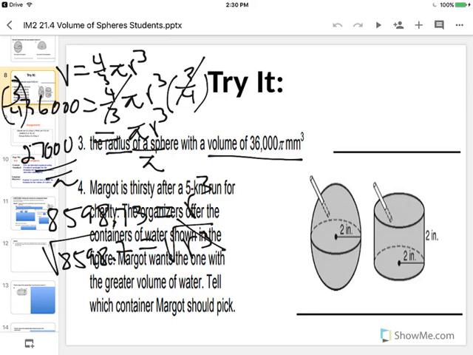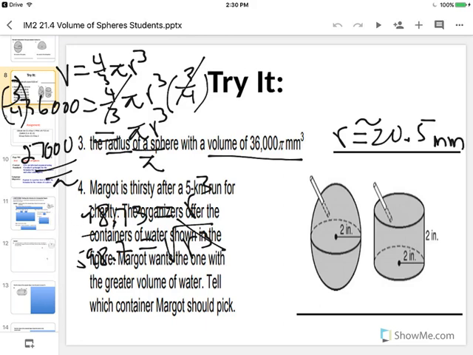The radius for number 3 is approximately 20.5, and this is in millimeters. I'm going to erase this. Let's try number 4.